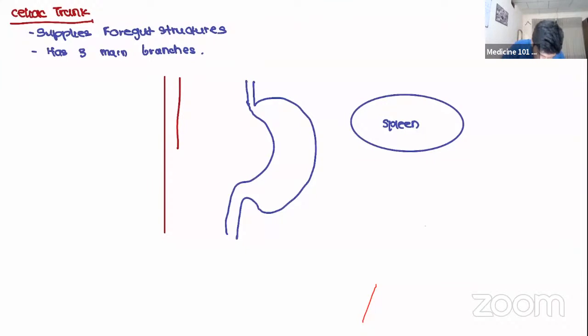The celiac trunk gives rise to 3 branches. Does anyone know the name of the first branch? Left gastric. Yes, the first branch is the left gastric artery. It supplies this region, and it also gives a branch to the esophagus.